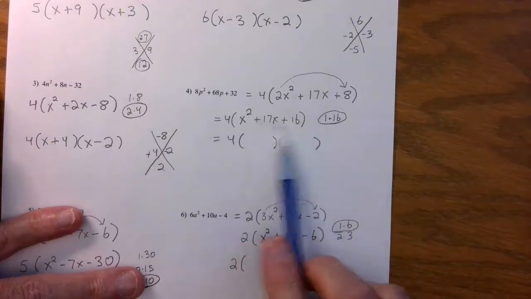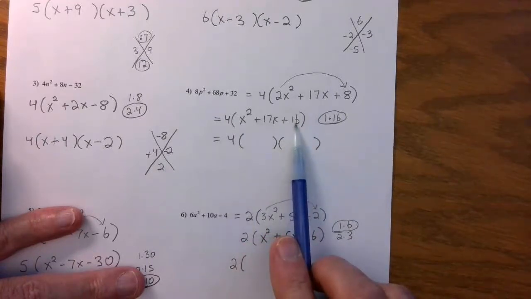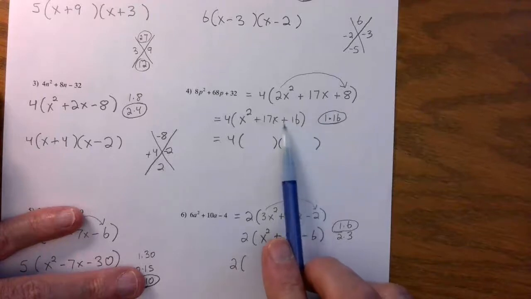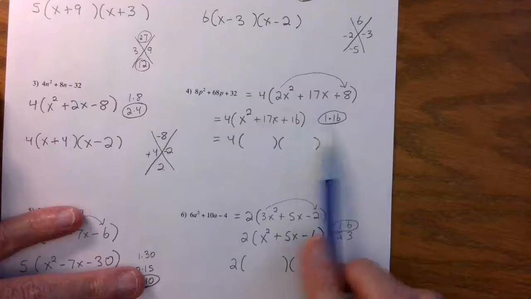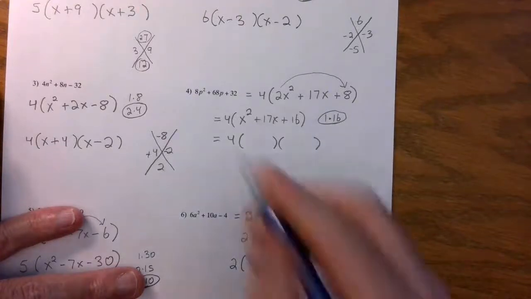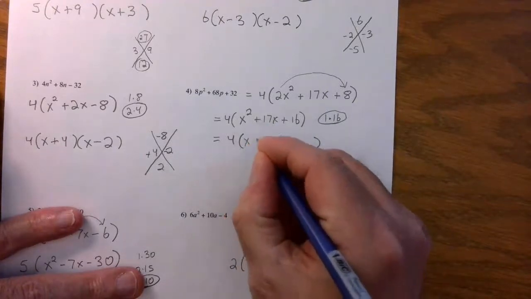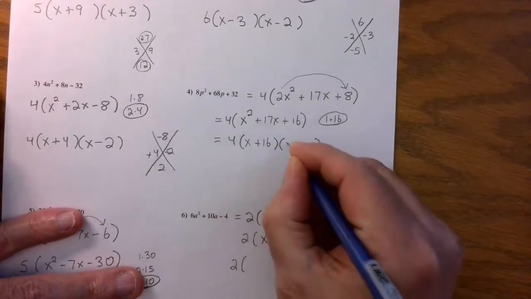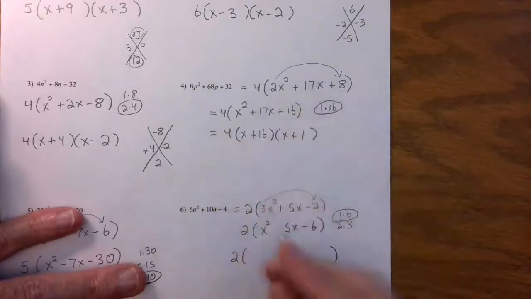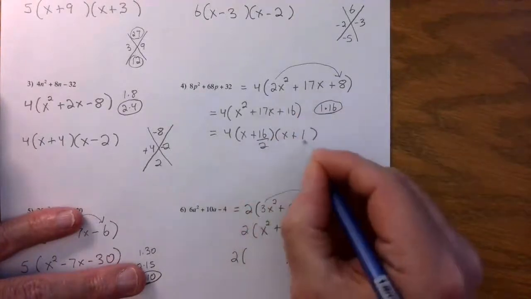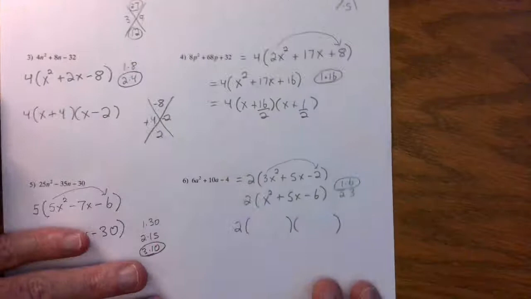So we can factor this, looking for two numbers that multiply to 16 and add to 17. Doesn't take long to find them: 1 and 16. So go ahead and put them in there. Remember we slid back the 2, so divide out the 2. That's our final answer.